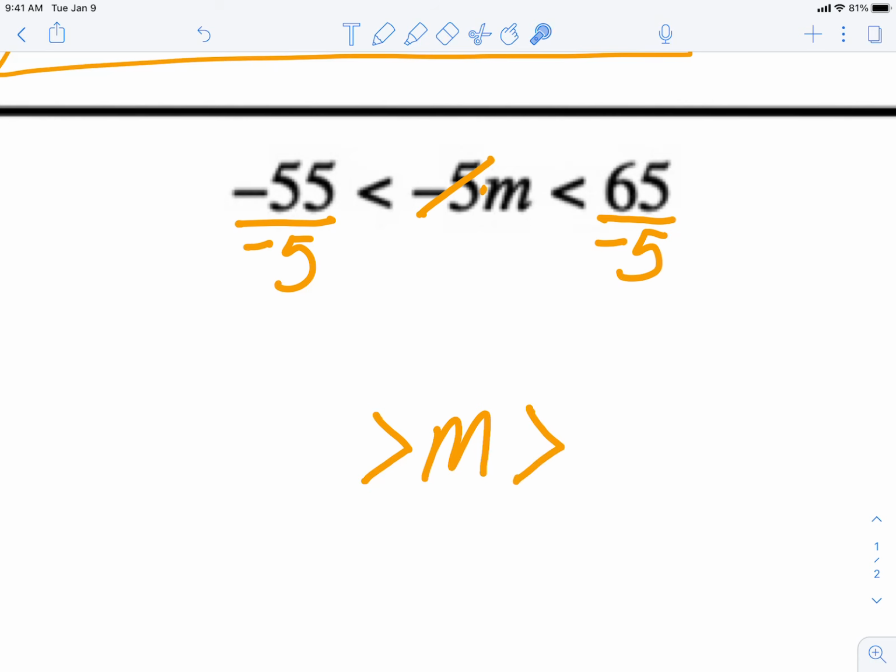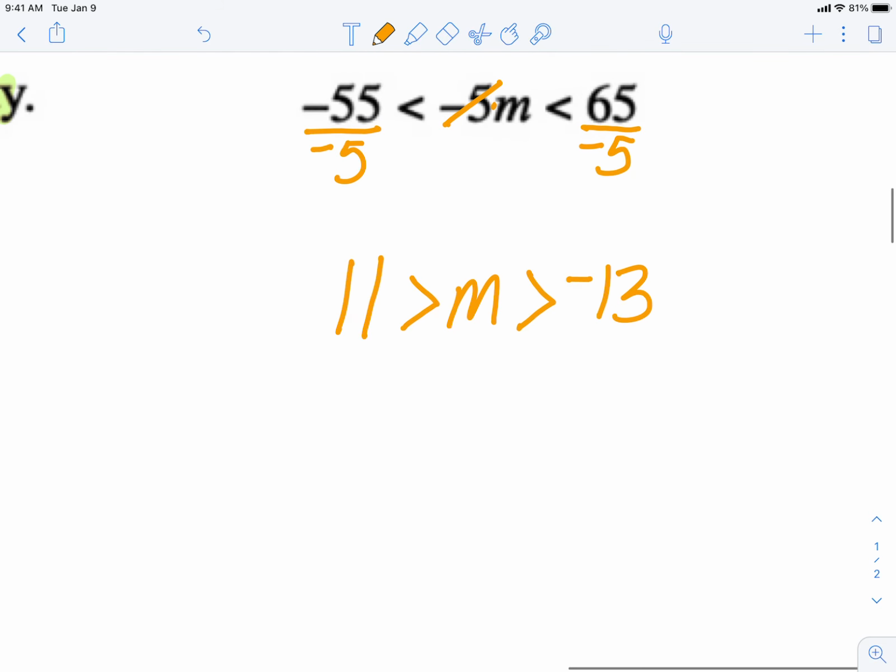So negative 55 divided by negative 5 is positive 11, and positive 65 divided by negative 5 is a negative 13. Now, you may think, we're done, mister. But wait a minute.